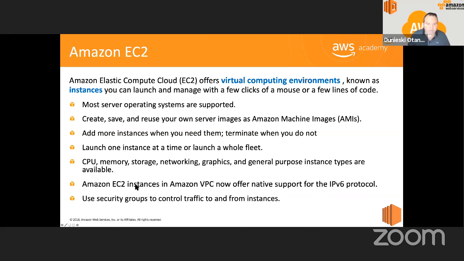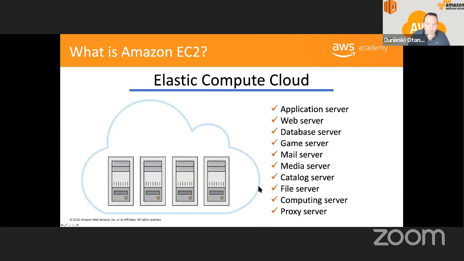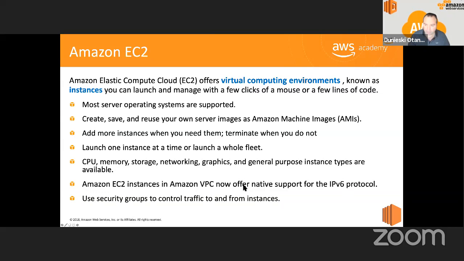So Amazon EC2 instances and Amazon VPC now offer native support for the IPv6 protocol. You can have a look at IPv6. IPv4 was the standard protocol, but now they have IPv6 that has millions and millions of IP addresses, which is pretty good. And it has 128 bits.